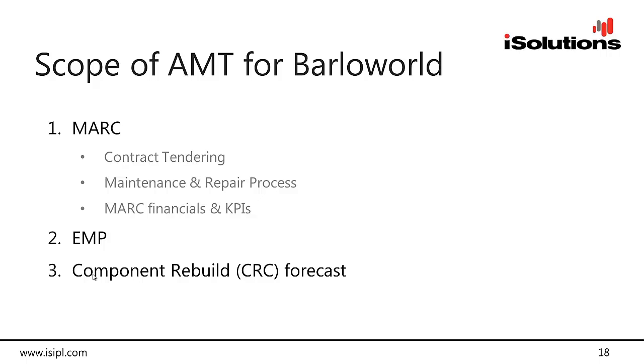That forecast is coming to a central group that is then looking to come up with a strategy for delivering those requirements: what's going to come out of reman, what's going to be rebuilt, where's it going to be rebuilt, etc. And then the third bit is that by CRC they can view their future workload, what is coming at them, where's it coming from, when's it going to be due, etc. So we certainly see that the EMP and the CRC will be combined as one.